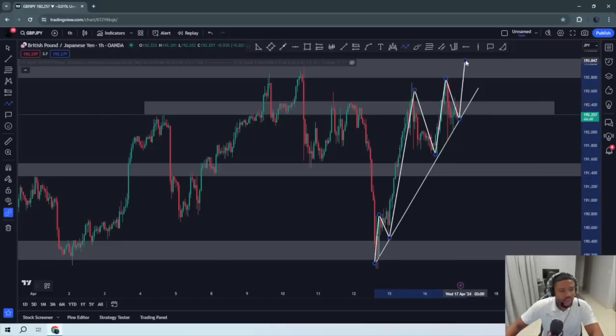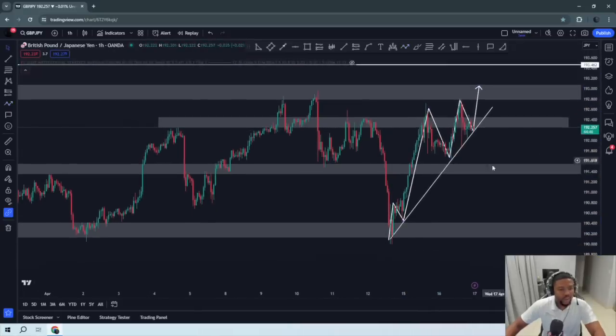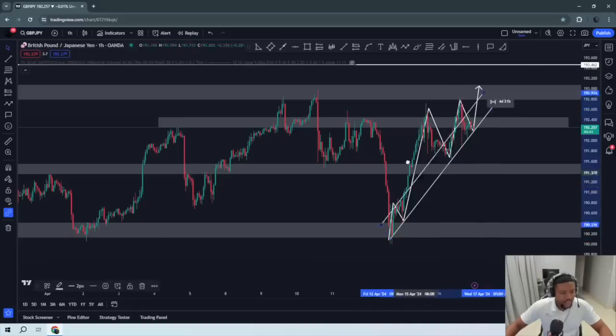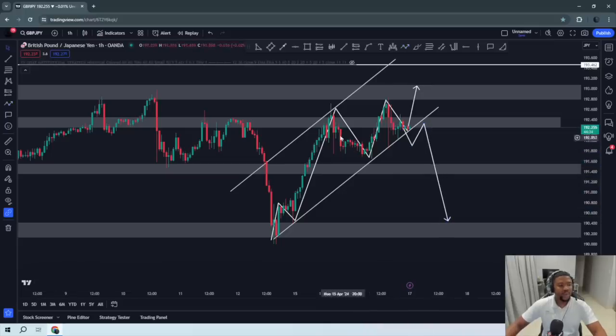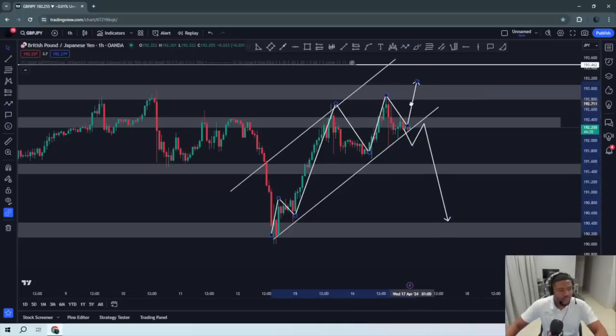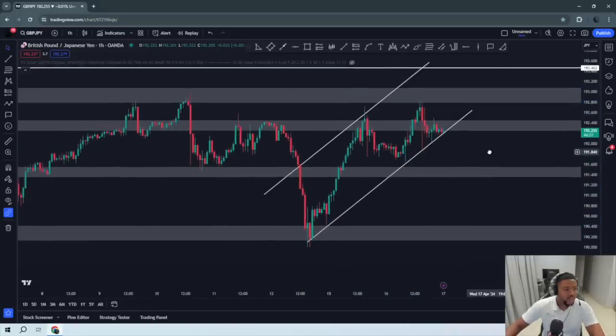So we could easily continue pushing all the way towards the upside, making that our small bullish trend. And that is why breaking outside this area, guys, can give us a very strong possible sale, because we're going to be outside our bullish trend. So those are the kind of opportunities that we have looking at GBPJPY.